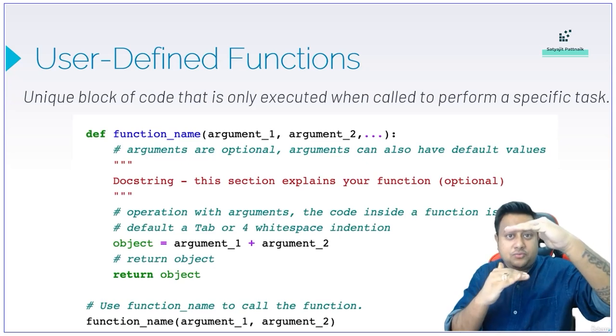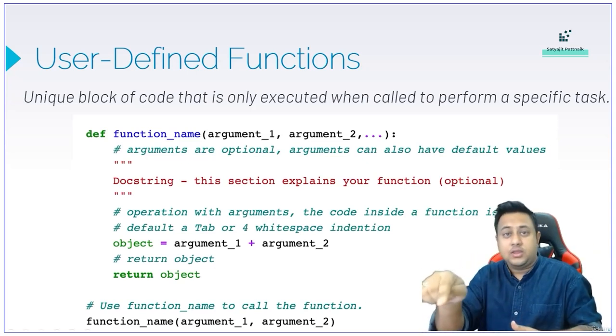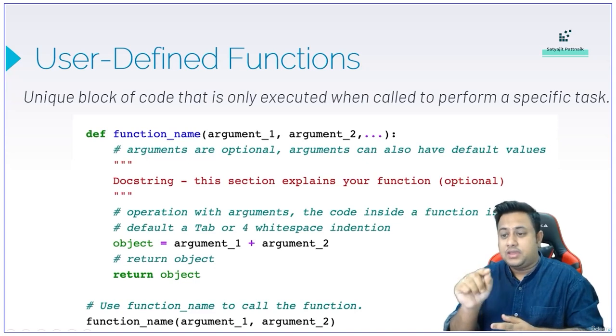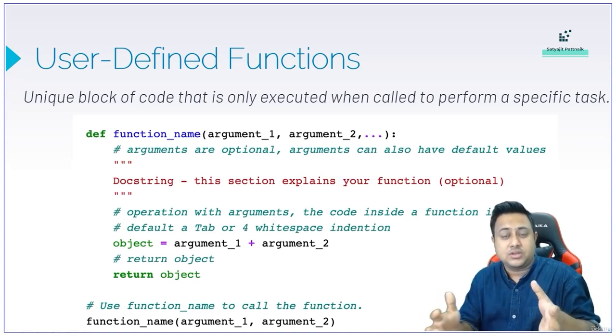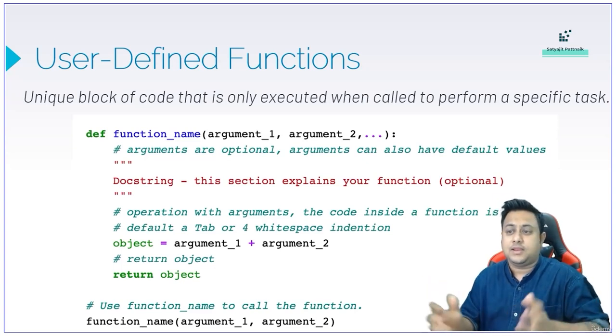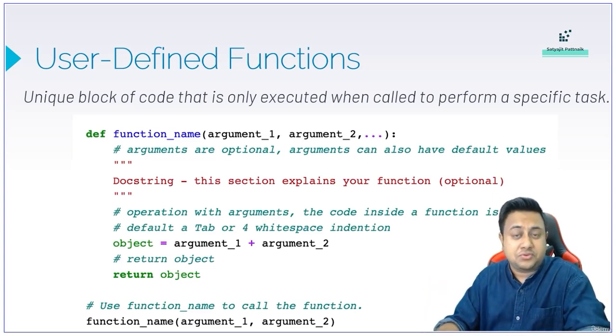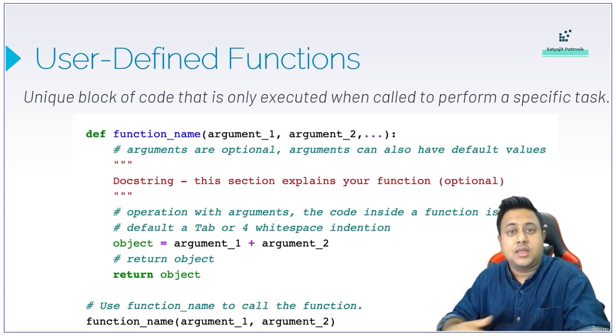Once you create your function, you can easily call it. At the bottom of the slide, you use the function name to call the function, with the arguments in the brackets. So this is nothing but a user defined function. And once we jump into the practicals part, I will be showing you how to create different functions.